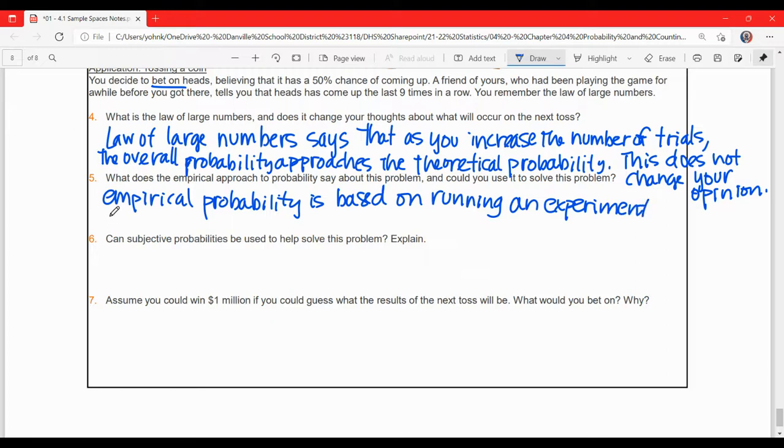Well, I can't use the results because I haven't done them. So this is not able to be used to solve the problem.